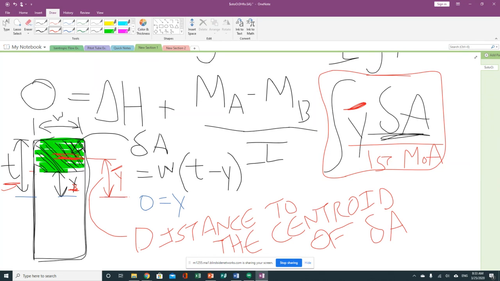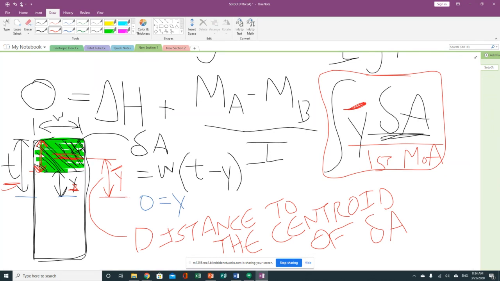That's an area, not a length. What I want is half of this length.